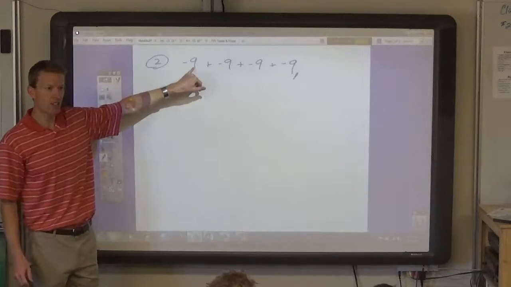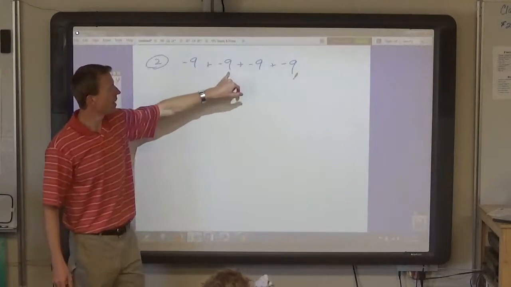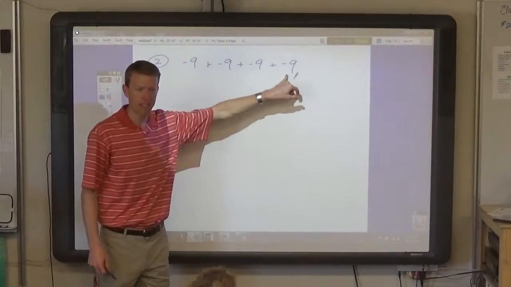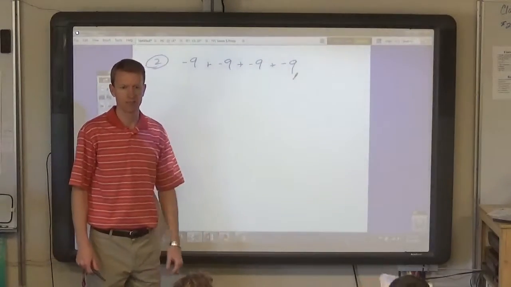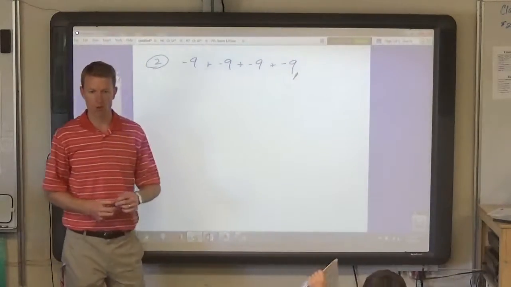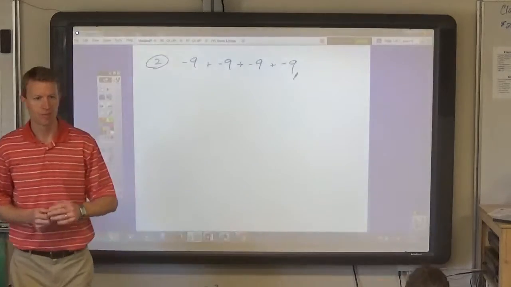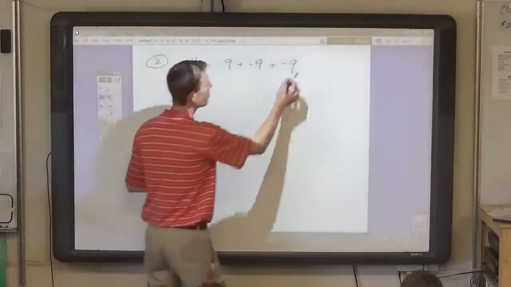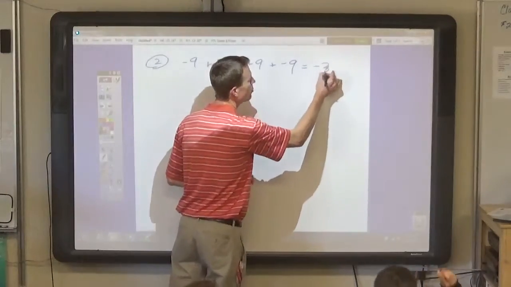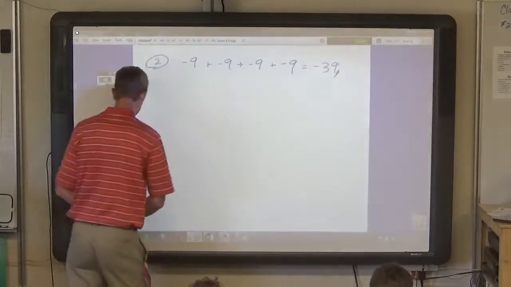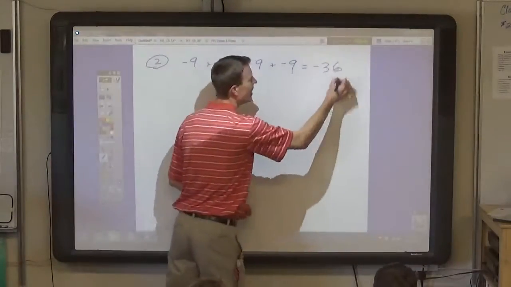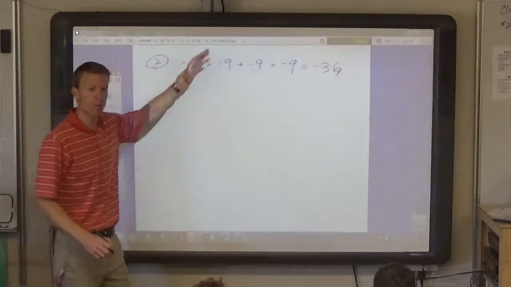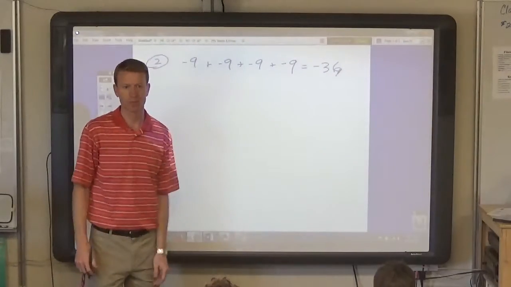What is the answer to negative 9 plus negative 9 plus negative 9 plus negative 9? When we're adding those negatives over and over again, negative 36. Each time we add another negative, it becomes more negative, right?